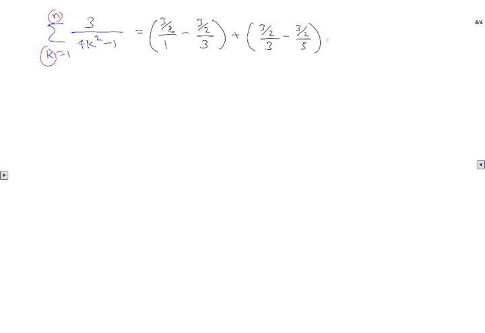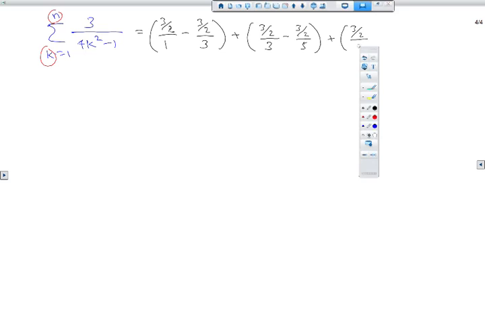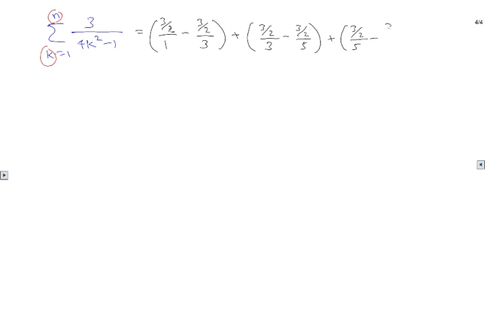That's the second term. And then 3/2 over 5 minus 3/2 over 7. We just write a few terms to see the pattern. So plus dot dot dot. When you plug in n, you're going to get 3/2 over (2n-1) minus 3/2 over (2n+1). That's the nth term.